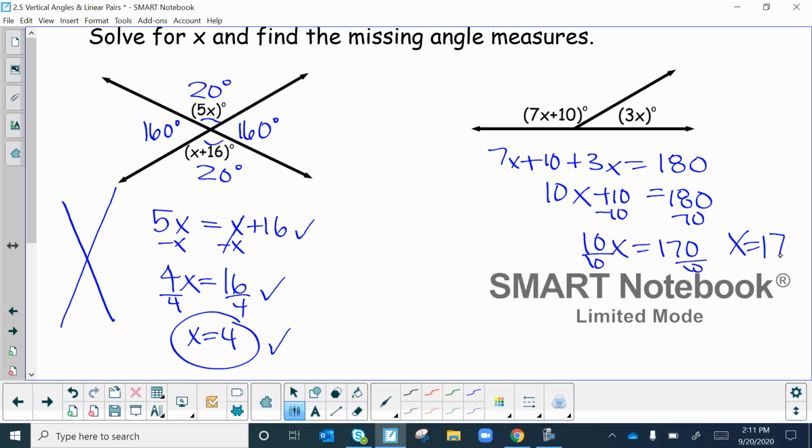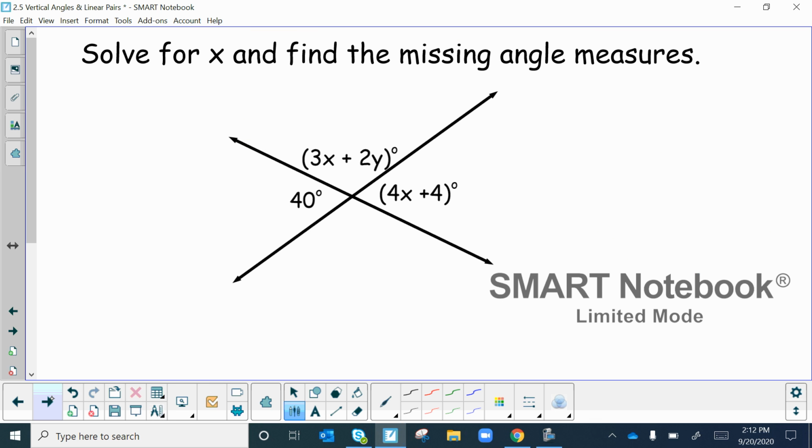So when we plug 17 in over here, 17 times 3 is 51 degrees. So this angle is 51 degrees. And so this angle over here must be 180 minus 51, which is 129.